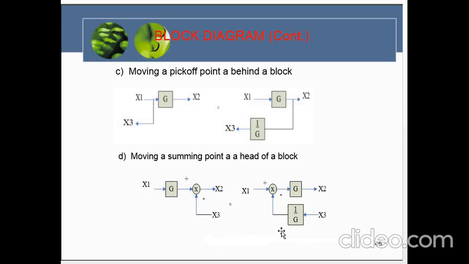We eliminate it by adding a gain here of 1 per G. Then X2 is X1 plus or minus X3 per G, and if we multiply by G, we get X2 equal to X1 G minus X3. This is still the same. It means what we have done is true.